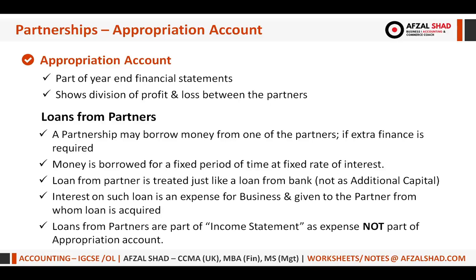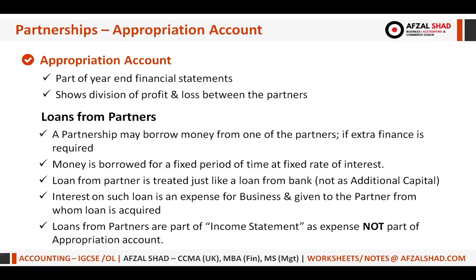So we have to differentiate between partner capital and loan from the partner. Partner capital is the capital investment, equity investment, in which they are entitled to a share of profit. But a loan from the partner is a liability, like a bank loan, on which we have to pay interest. So a loan from a partner is treated just like a loan from a bank, but it is not going to be added to the additional capital.